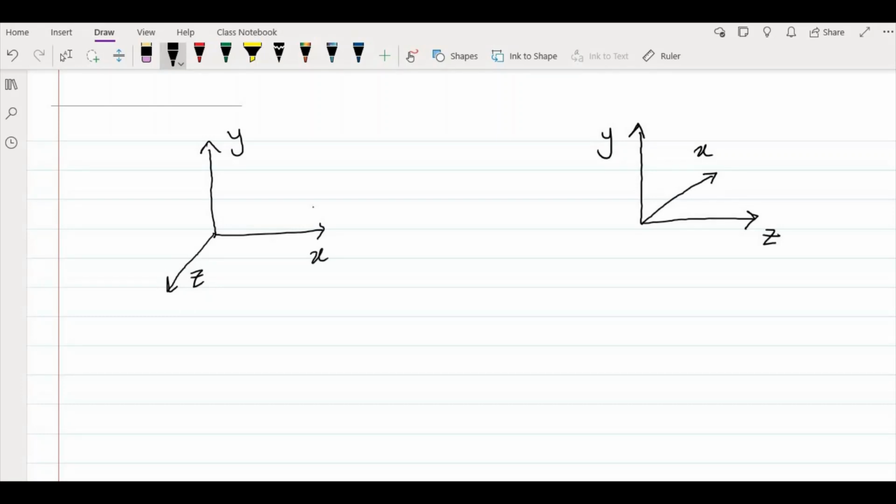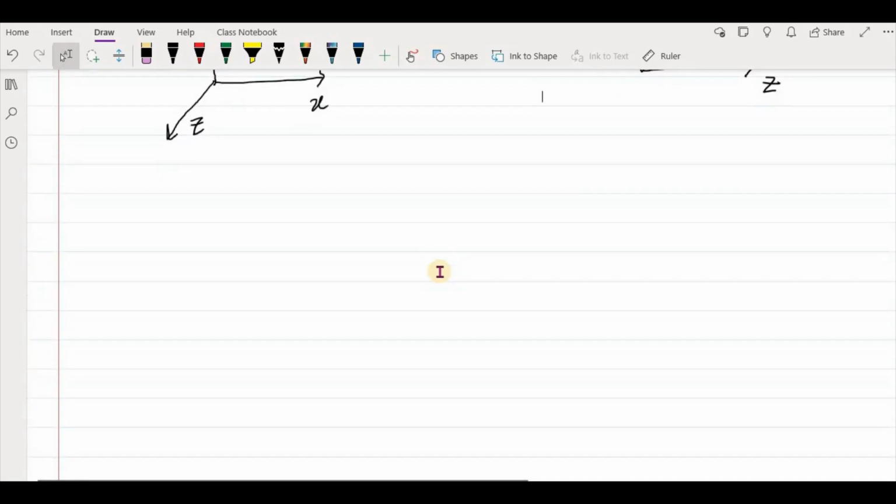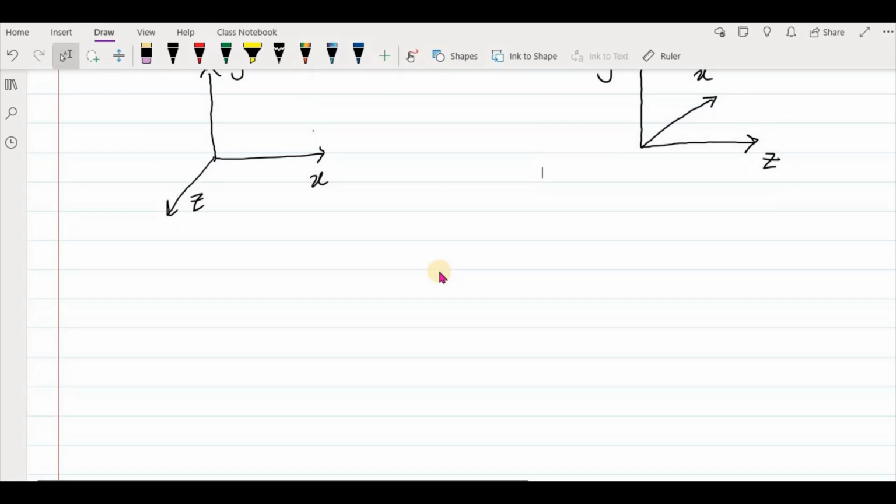So how can we do that? We can do it using multiple rotations. So the first thing we do here is a rotation about the z-axis.